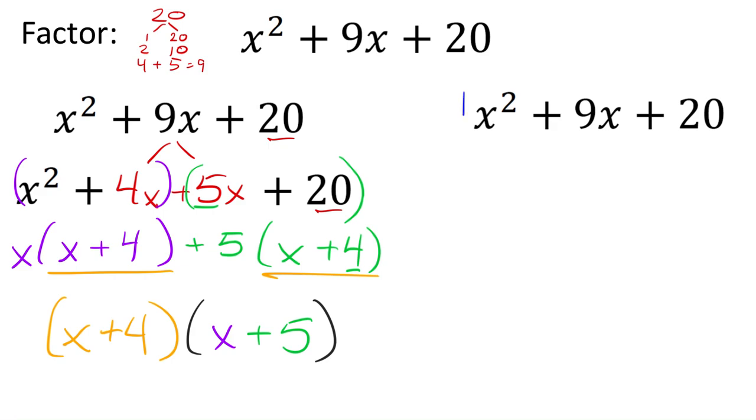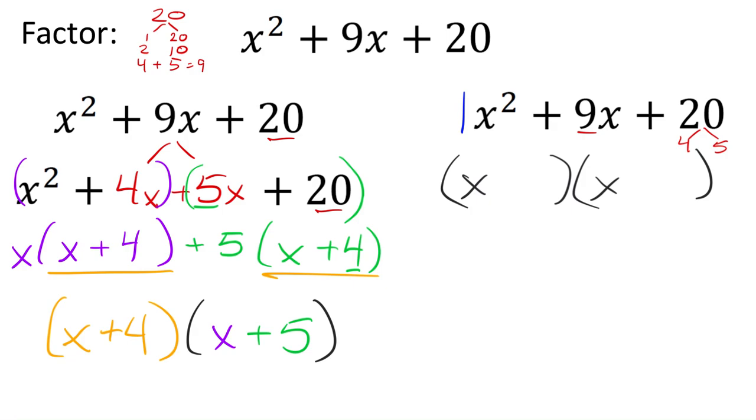Since the leading coefficient is a 1 on my x squared, I know for sure that I'm going to split this up into 2 binomials with x's as the first term in both. What I fill in with the rest is whatever I split 20 up into. Again, I'm looking for 2 factors of 20 that add up to 9.